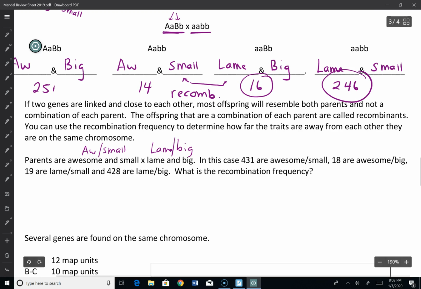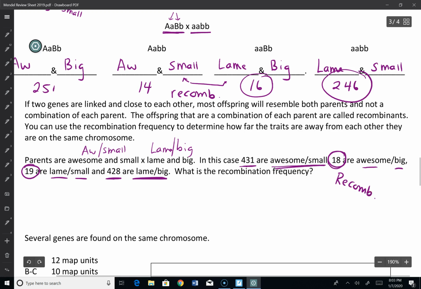If you notice, 431 of them are awesome and small, just like, let's say, Mom. 428 of them are lame and big, let's say, like Dad. Does that make sense? If they're linked. It does. Now these guys, 18 are awesome and big, that's one of each, and 19 are lame and small, well, that's one of each too. So these guys are your recombinants.